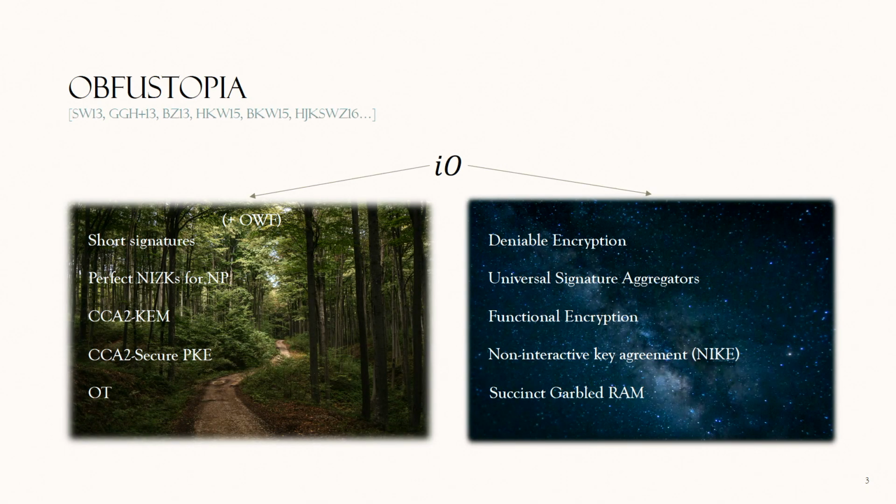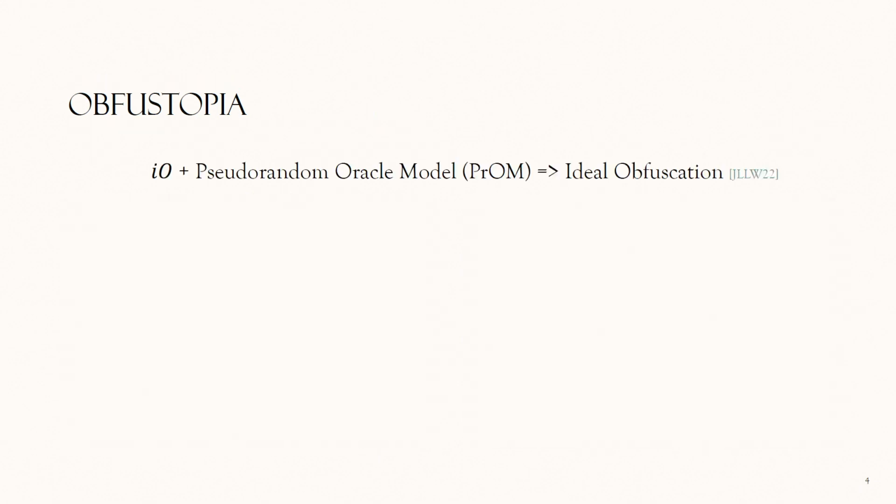And I/O sits as a central hub in cryptography. Namely, I/O implies both core primitives, as you see on the left-hand side, and new world primitives on the right-hand side. And for many of these new world primitives, we actually don't know how to achieve them without I/O. So I/O sits really as a central player in cryptography.